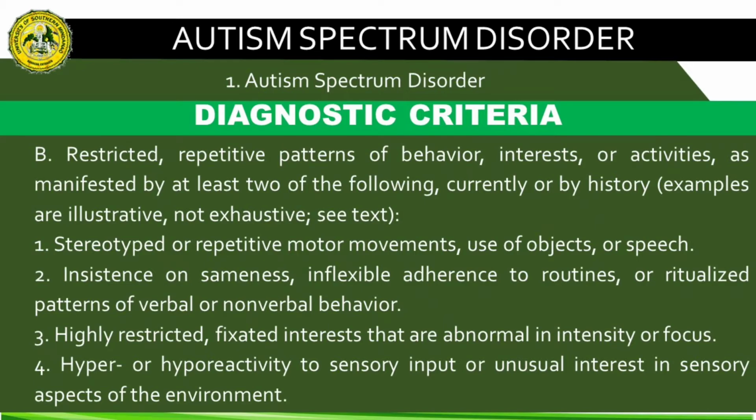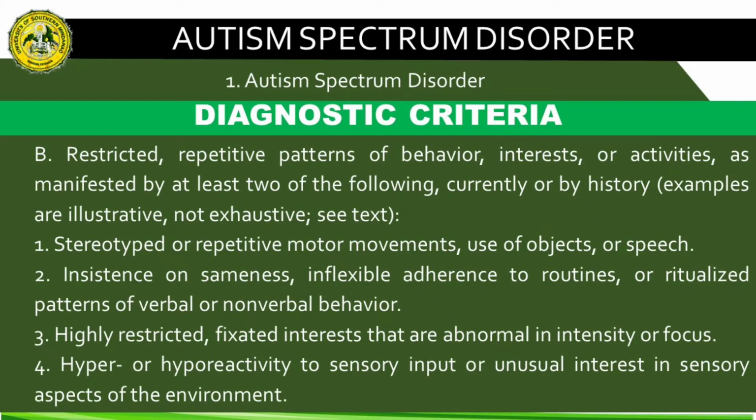Second, insistence on sameness, inflexible adherence to routines or ritualized patterns of behavior or nonverbal behavior, such as extreme distress at small changes, difficulties with transitions, rigid thinking patterns, greeting rituals, need to take the same route or eat the same food every day. Third, highly restricted, fixated interests that are abnormal in intensity or focus.